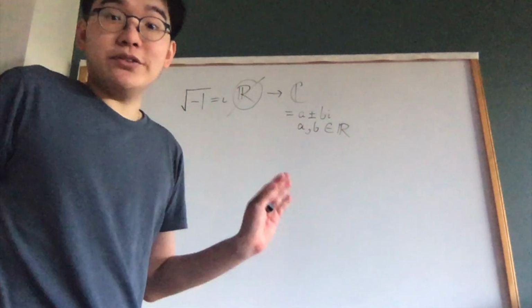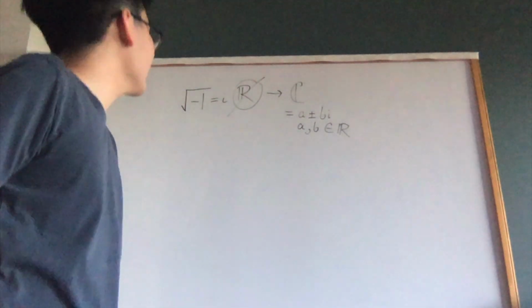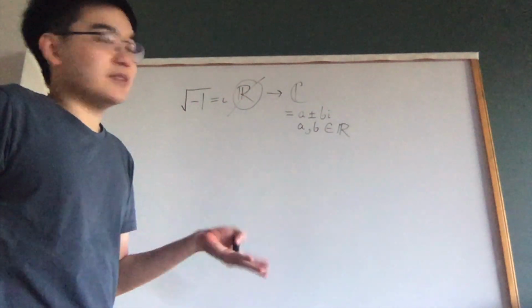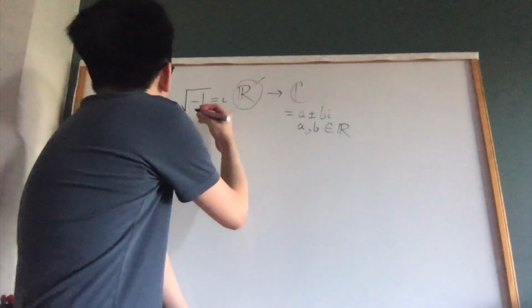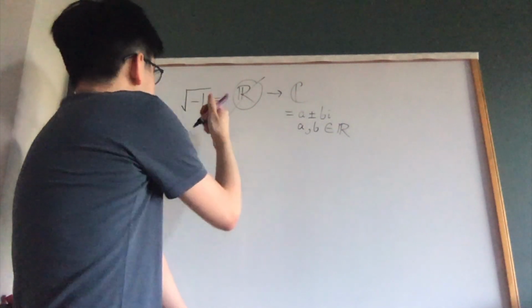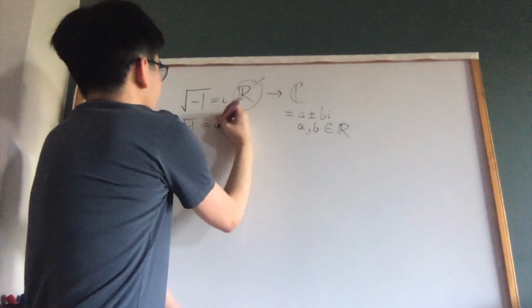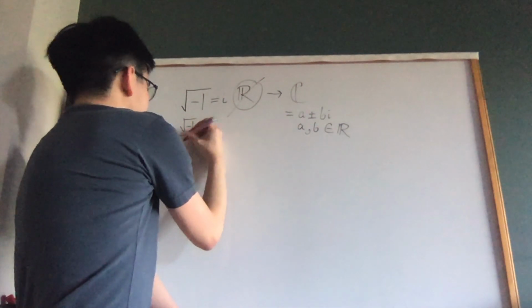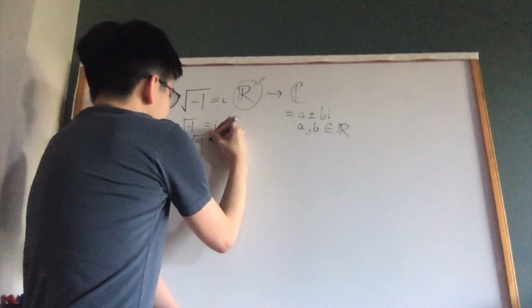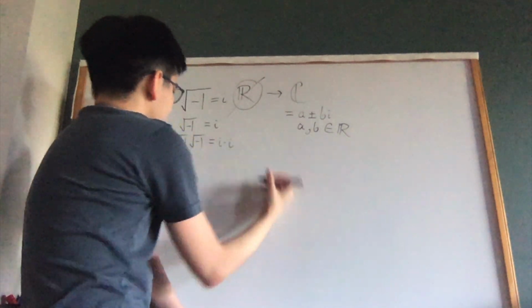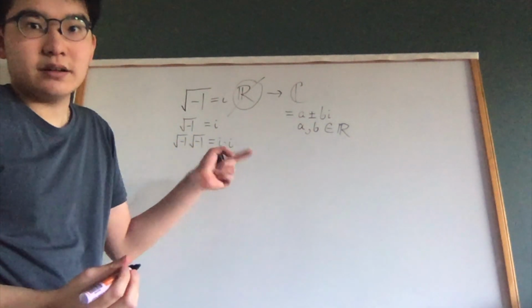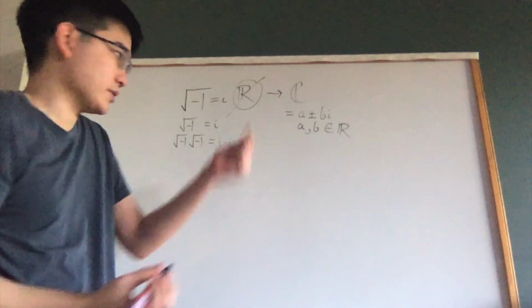Now, an interesting thing we can do is multiply i by itself and see what happens. Because if it's true that the square root of -1 equals i, then multiplying by itself, the square root of -1 times the square root of -1 equals i times i. On the right hand side, since we have the same base, that just becomes i squared.